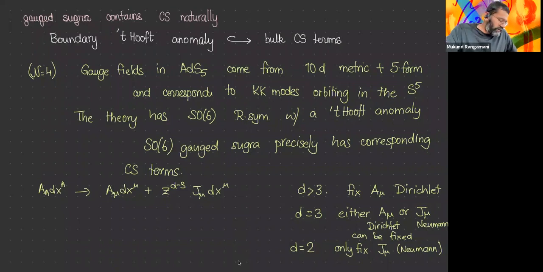You could have tried writing a solution for Einstein-Maxwell theory in AdS3, and you will find a solution where the gauge potential will grow logarithmically as you go towards the boundary. It will have a log z term. And some people like to call this the charged BTZ black hole, like analog of the charged Reissner-Nordstrom black hole.